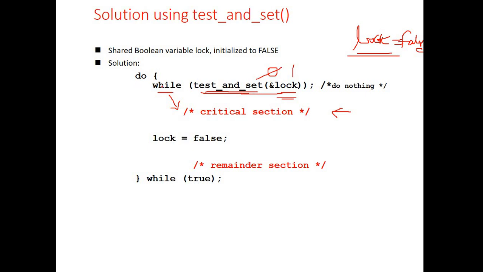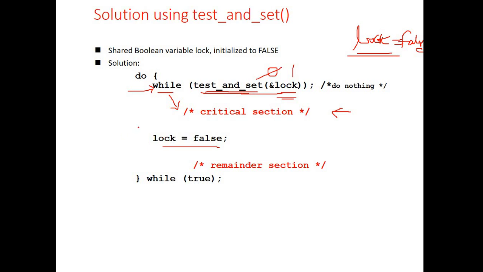The process trying to get access to the critical section will not go out of this while loop, so it will keep on checking this while condition. As long as the other process in the critical section does not change the lock variable, this process will keep running, waiting for the while loop to terminate.